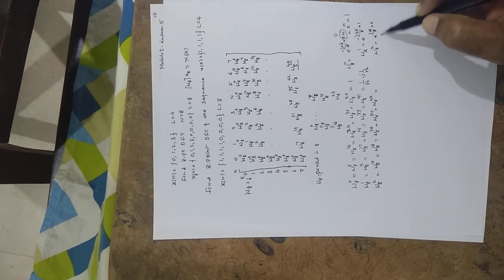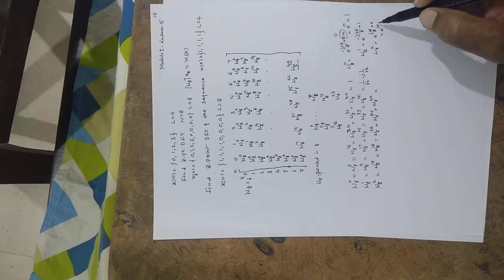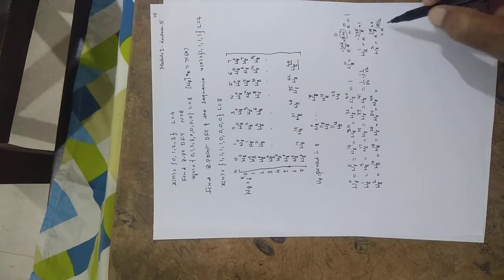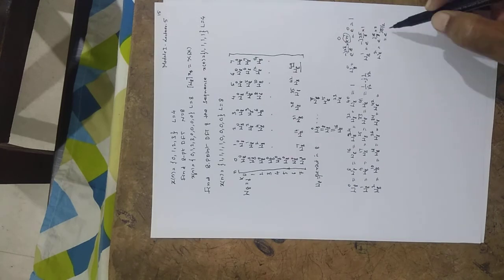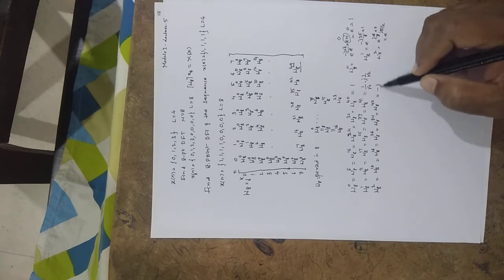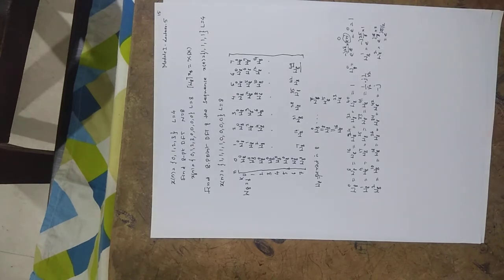So this comes out to be e to the power of minus j pi by 2. This is converted to cos pi by 2 minus j sin pi by 2. Cos pi by 2 value is 0 and sin pi by 2 is 1. As a result, this will be minus j.